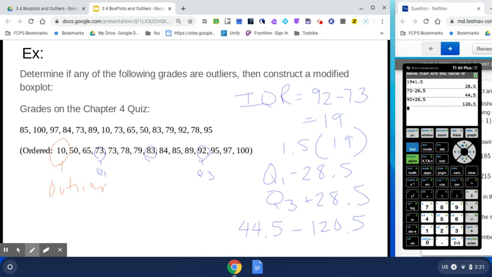We are going to use this to go ahead and construct a modified box plot. So I'm going to try to squeeze it down here at the bottom. I'm going to come up with my number line, which ranges from 10 to 100.